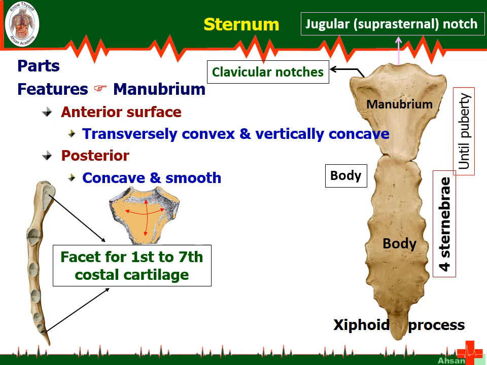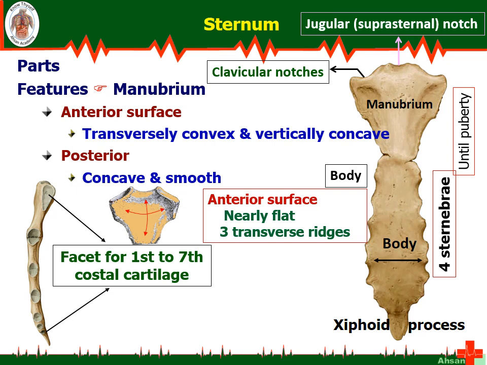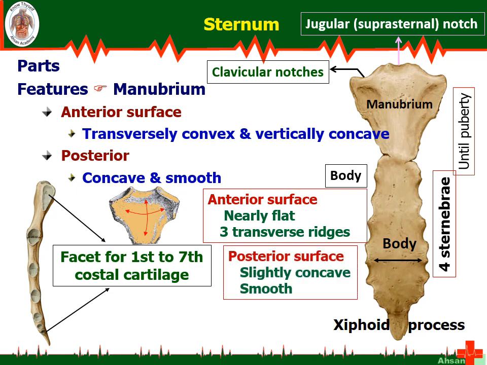The body has anterior and posterior surfaces, and it comprises 4 pieces. The pieces are fused at puberty, and the ridges can be visible on the anterior surface only. The posterior surface is relatively smooth and concave.